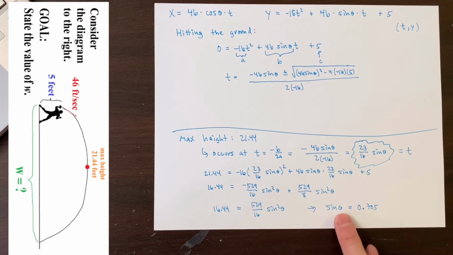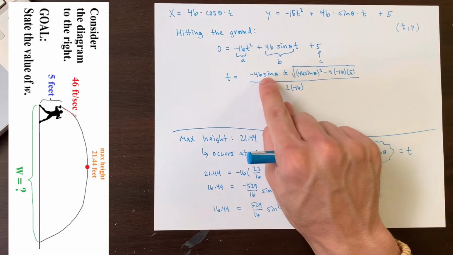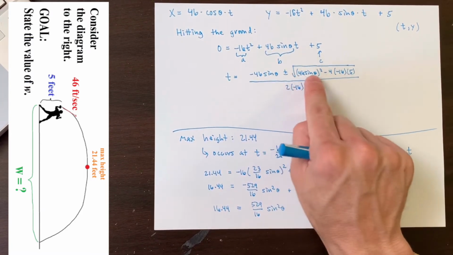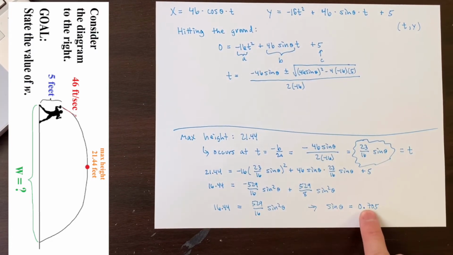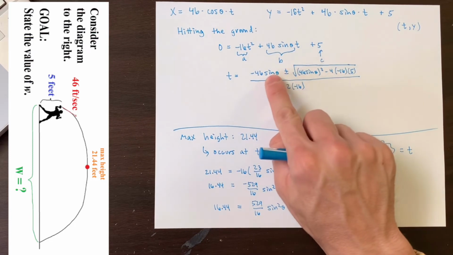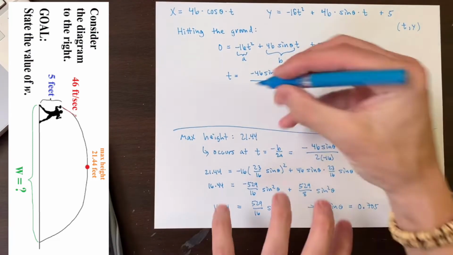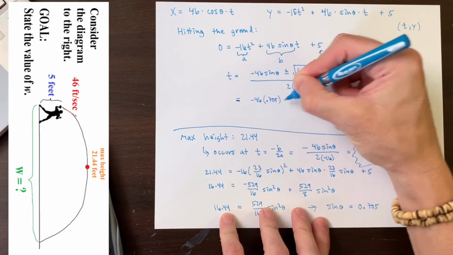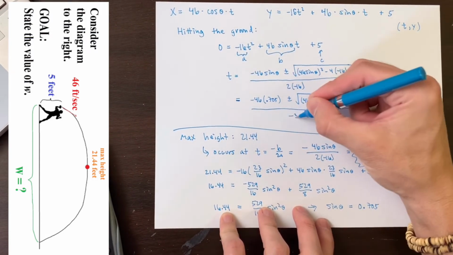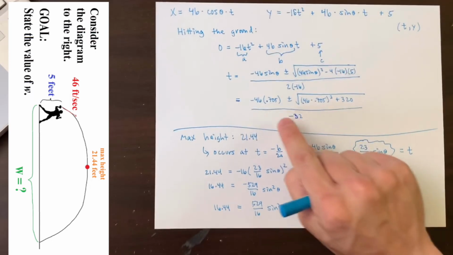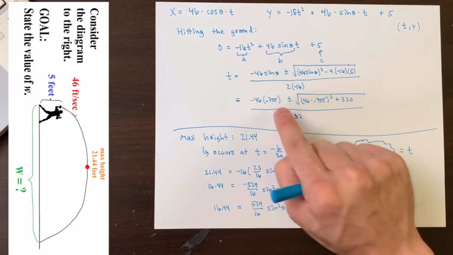Now we can resume to play back over here because recall in our quadratic formula, we just needed to know what sine of theta was. So now that I know sine of theta, I can make this substitution back in here and back into there. And now we will go ahead and simplify this expression.